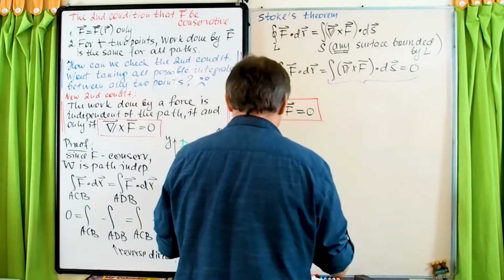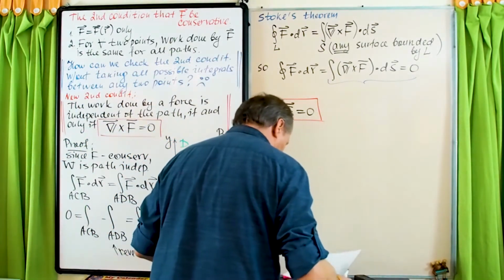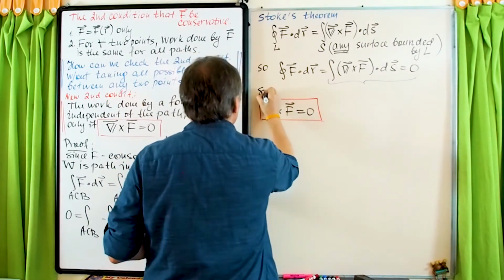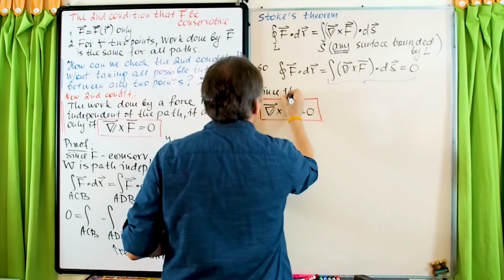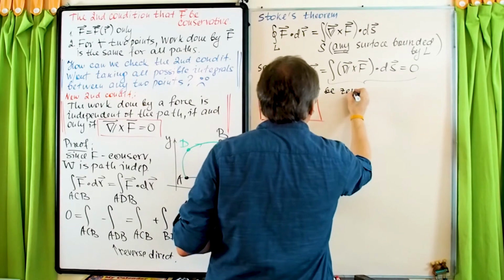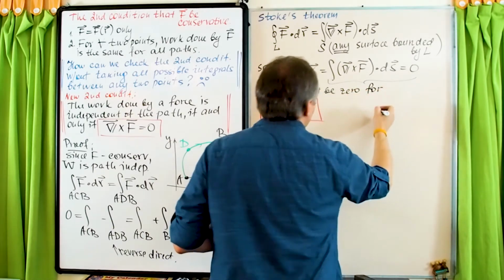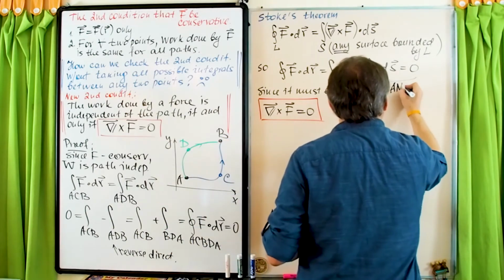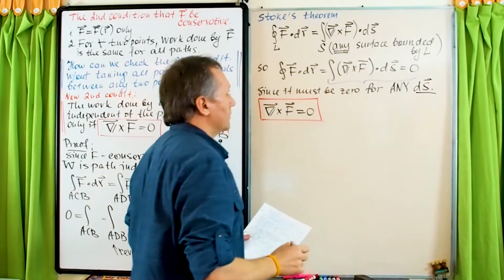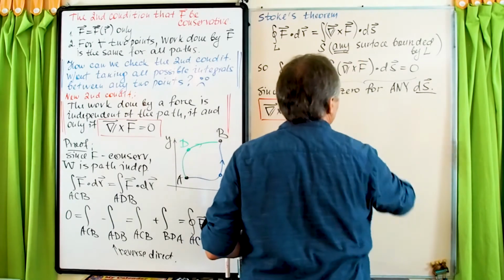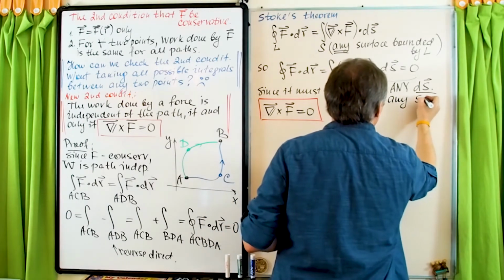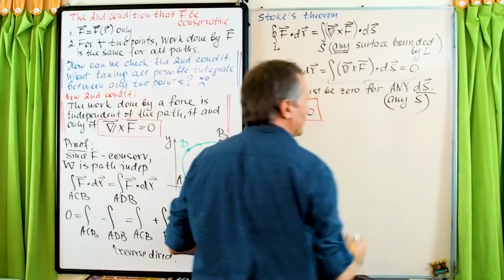So let me write it. Okay, since it must be 0 for, and again, I will capitalize, any dS, and of course any S, right?